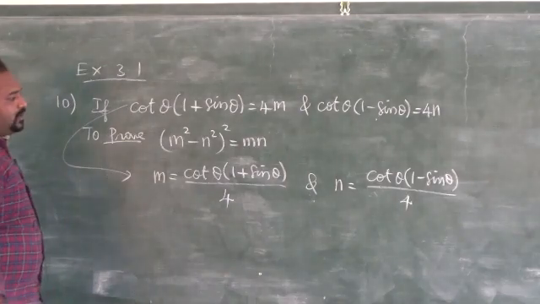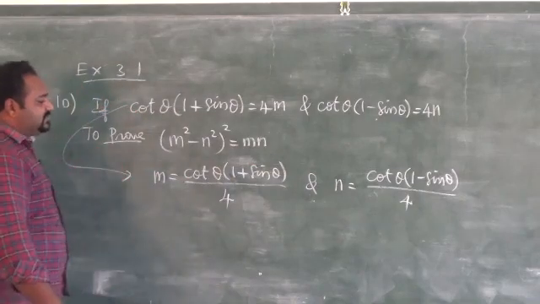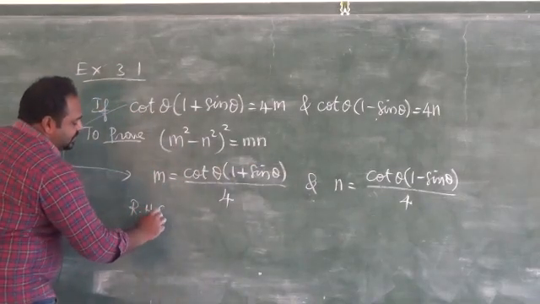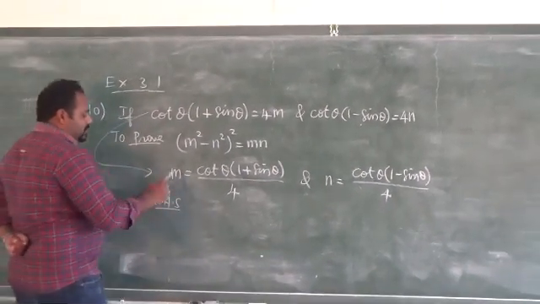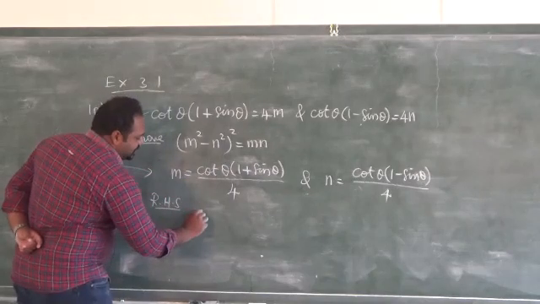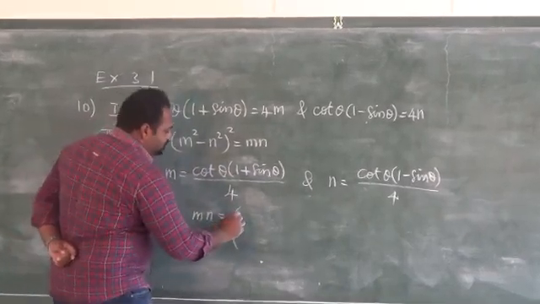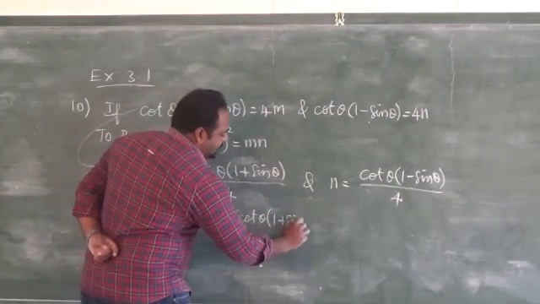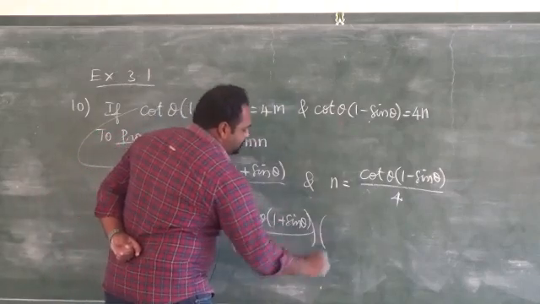Now I am going to apply the m and n values on the LHS and RHS. First I am just taking the RHS, mn. What is the m value? Cot theta into 1 plus sin theta whole divided by 4, into n.